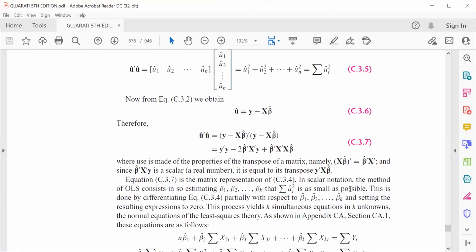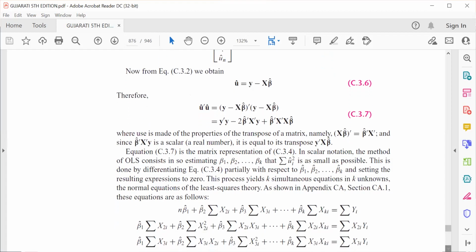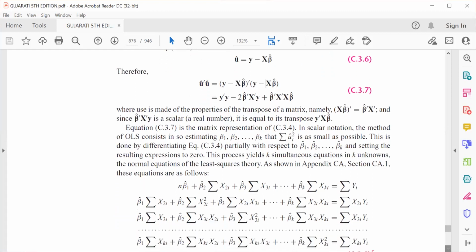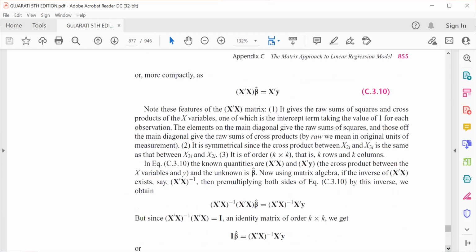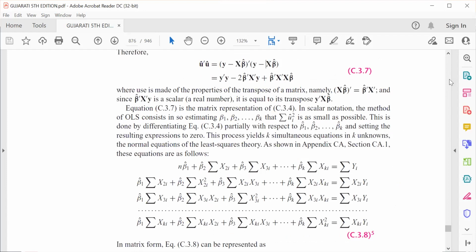First, we have to derive this. We take the derivative of equation C37 here. Here we have beta. The derivative of beta is 1 because beta is to the power 1, so we get minus 2 x prime y.